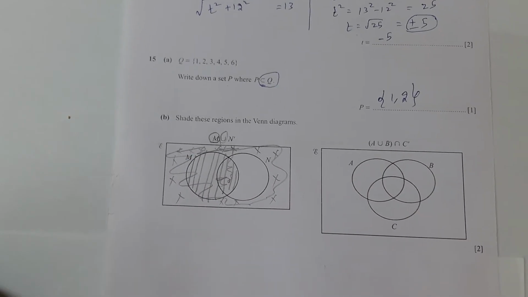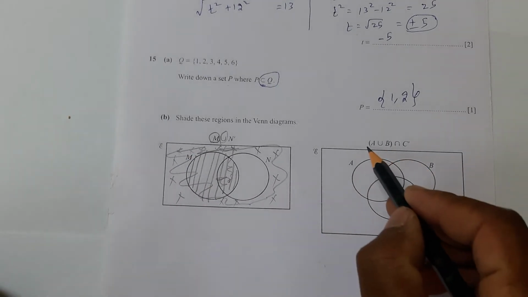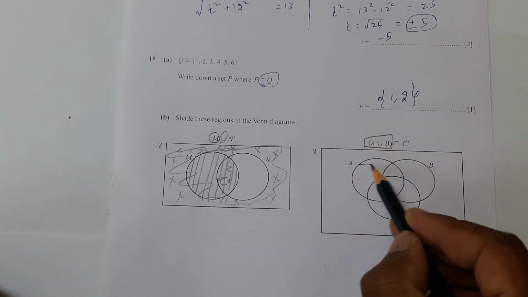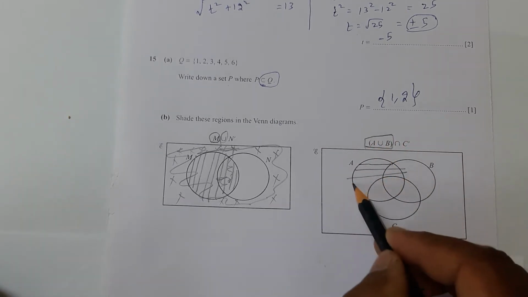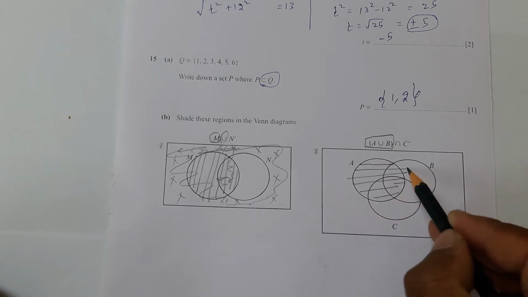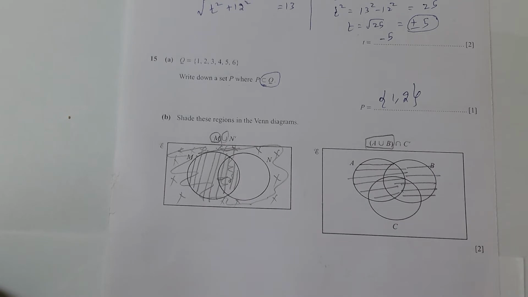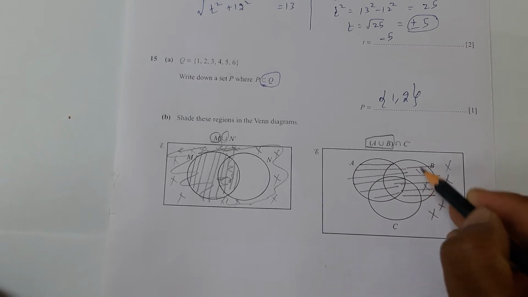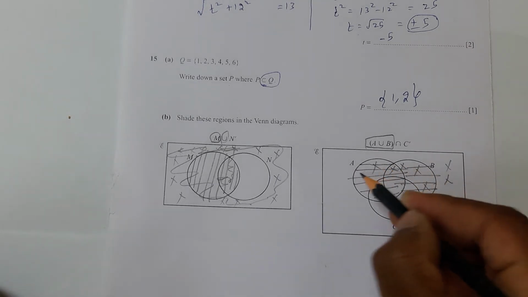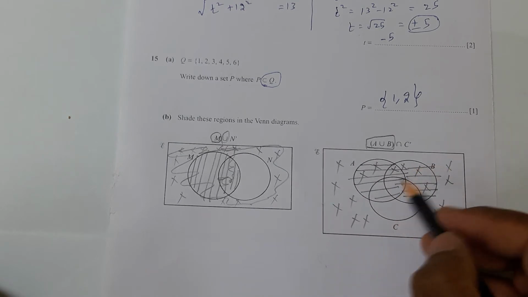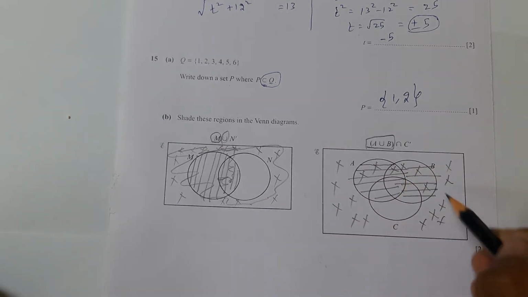Now next one. Take one by one. First you take A union B. I am placing stroke lines in A union B. Next is C complement, I put stars, leaving C, everything except C. Everything except C is star.